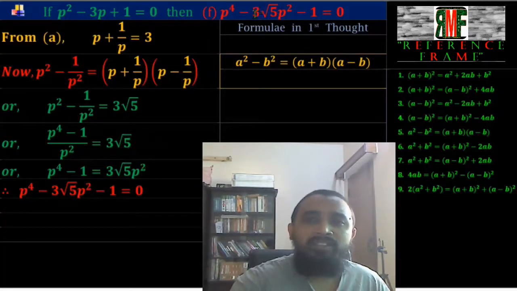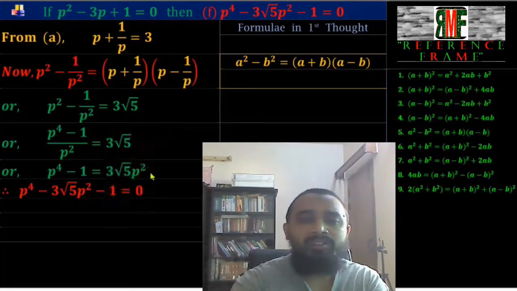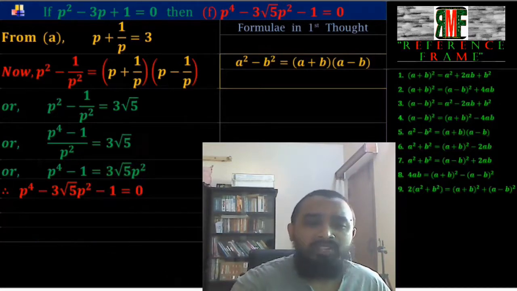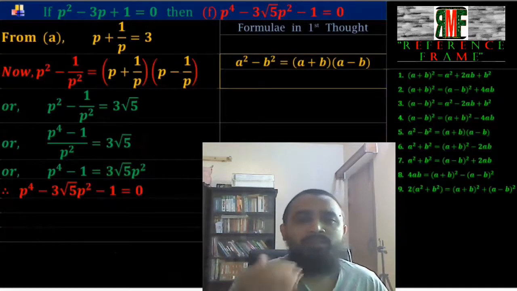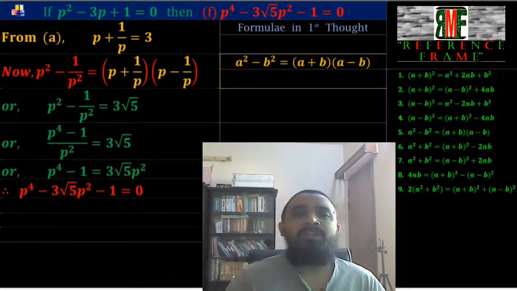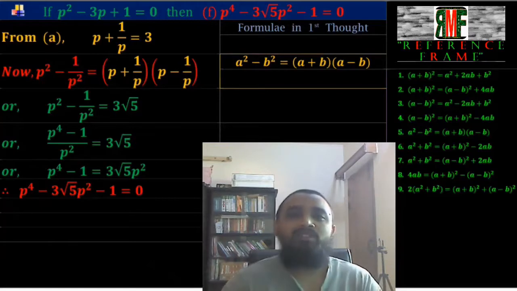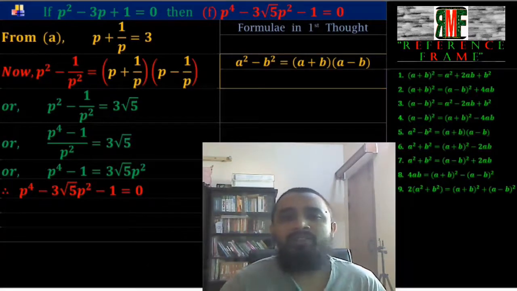Look at the destination, we need 0 on the right hand side, so we'll move this part onto the left hand side. The sign is plus here, so it becomes minus, just like the previous problem. By shifting this, we get P to the power 4 minus 3 root over 5 P square minus 1 is equal to 0. Just look at the destination, the same thing that we were asked to find.